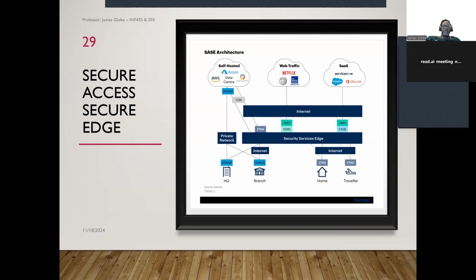Again, these are just some more examples of secure access, secure edge. Whether you're accessing Netflix from your office, at a bank or at a library, at home or at an airport, you could be coming through an untrusted network. You hit the SASE edge. This is where you get authenticated. Once you are authenticated, end-to-end encryption is set up.